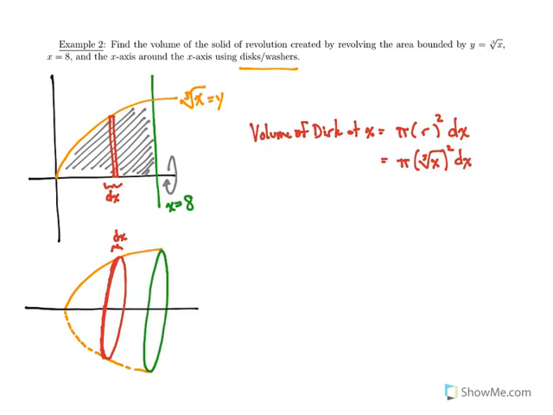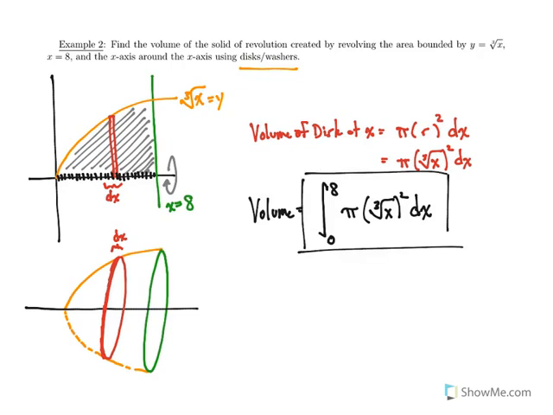So this will give us the integral volume total. It's going to be the integral from 0 to 8. We're going to have a slice for every x value in between 0 and 8 of pi cubed root of x squared dx.